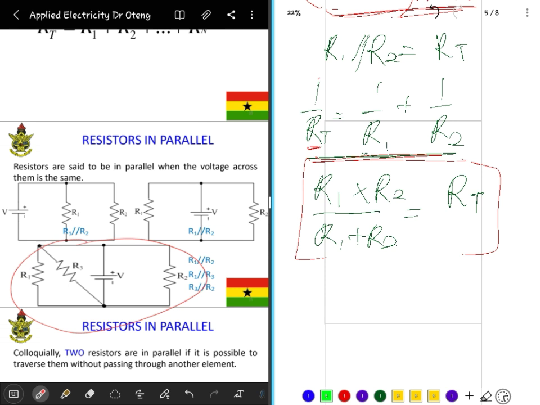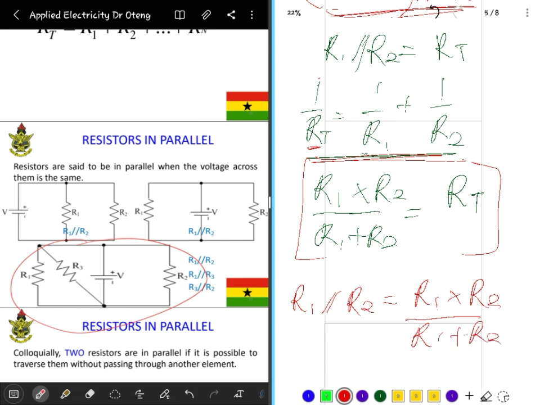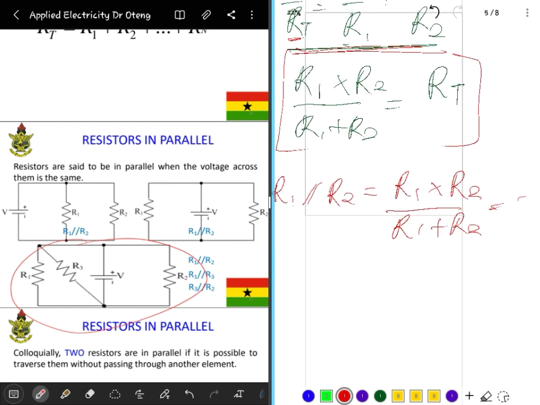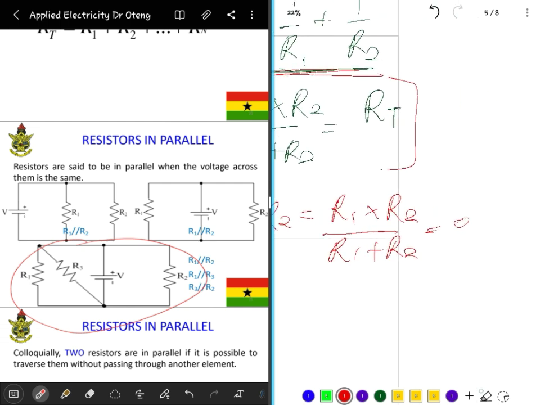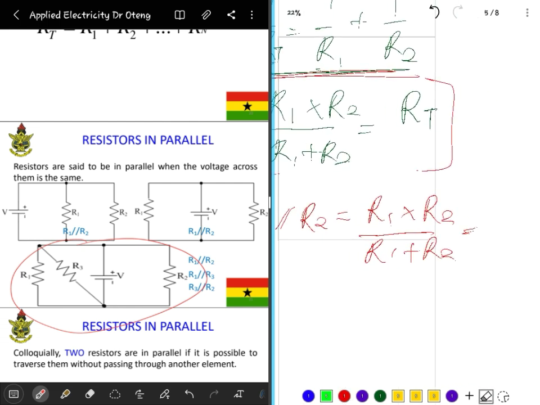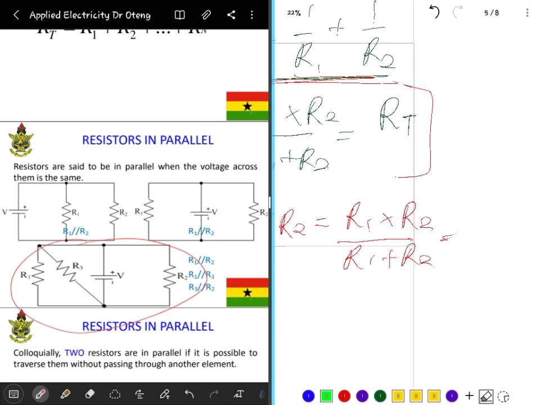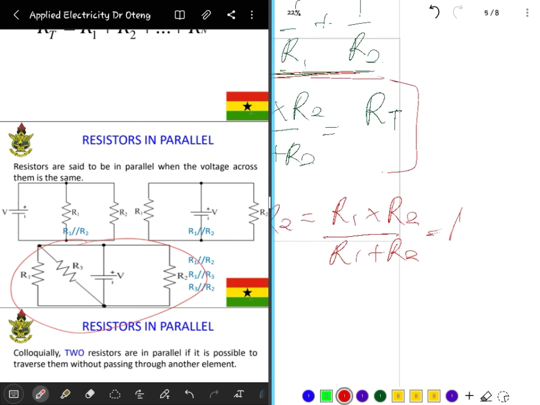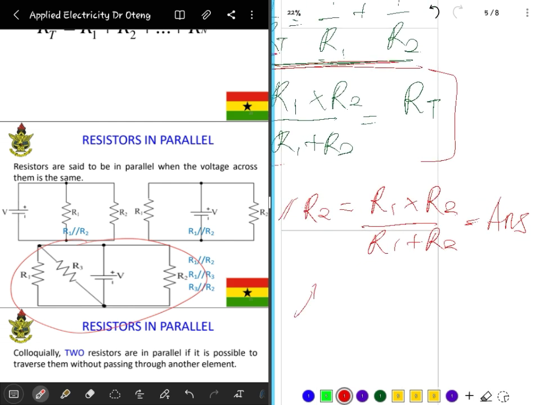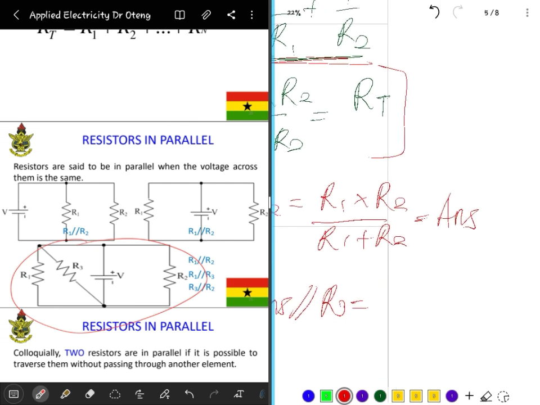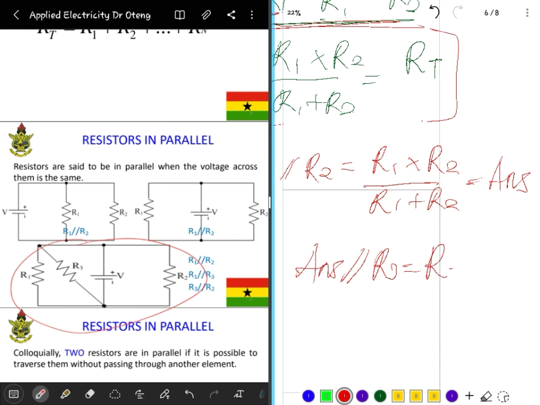So the effective resistance of R1 and R2 is equal to R1 R2 all over R1 plus R2. What we get as an answer, we put it here, and the result we make parallel to what? R3. The same thing will give us the total resistance.